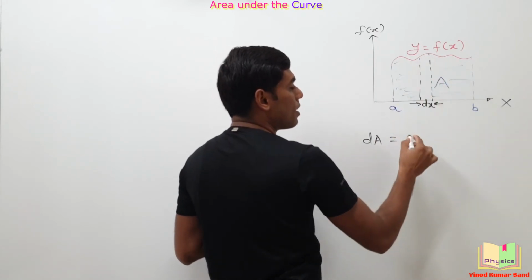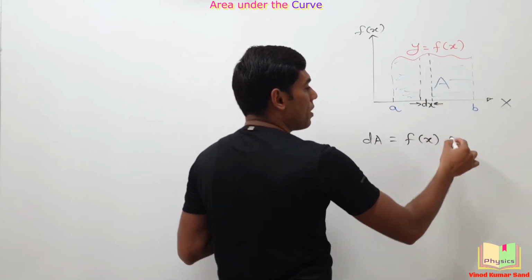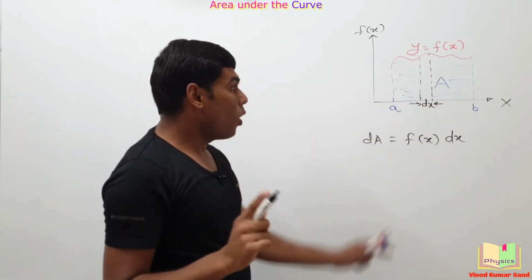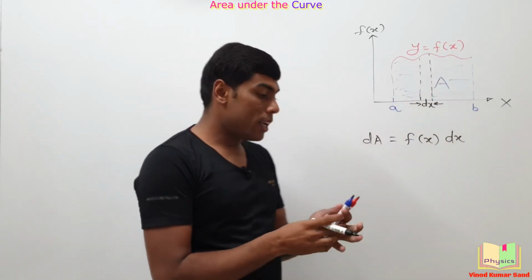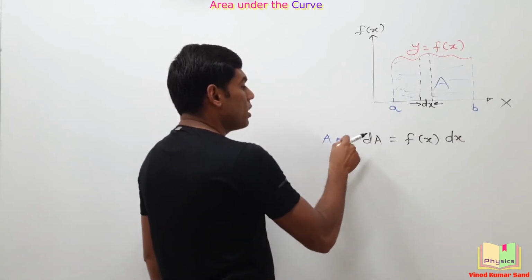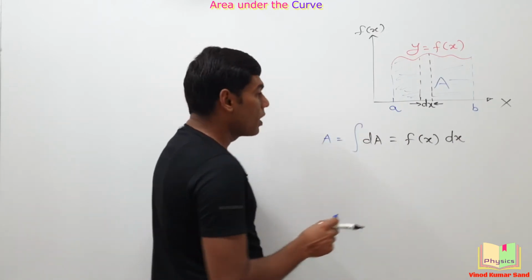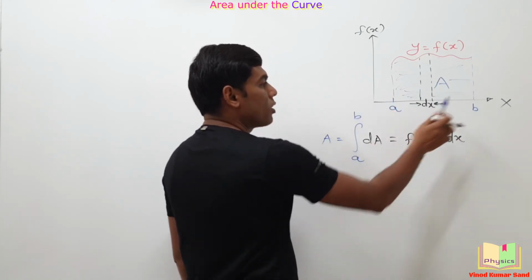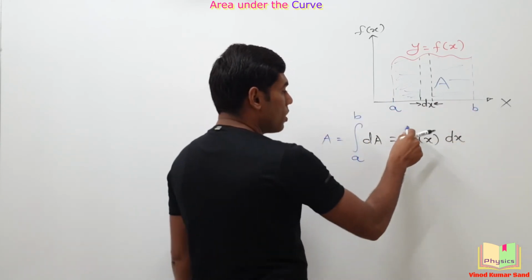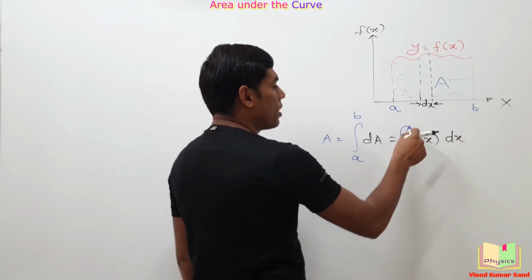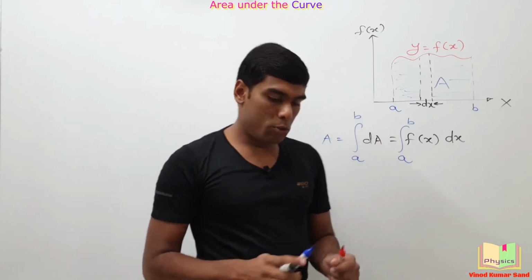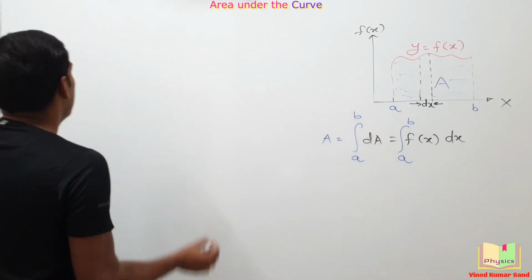The length is f(x) and the breadth is dx. Getting it? In order to obtain this complete area A, we need to integrate it. And the limit of integration will go from the lower limit a to the upper limit b. So here also you should integrate from a to b. Clear? I'll take a few examples, you'll understand it better.